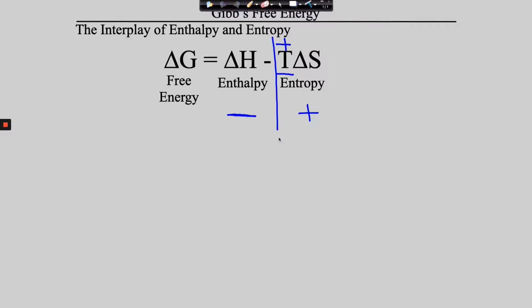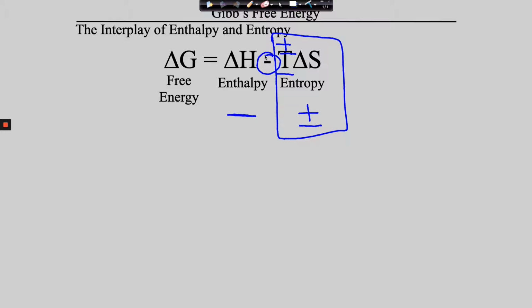So what we're going to do is take this term and think about it. If your change in enthalpy value is negative, that tends towards spontaneity, right? What if your entropy value is positive? That also tends towards spontaneity. But do the math. A positive times a positive will always result in a positive number, but then you're subtracting it, which makes the value of delta G more negative.